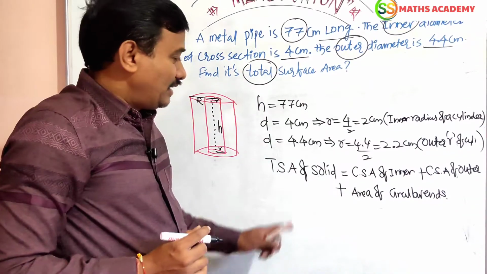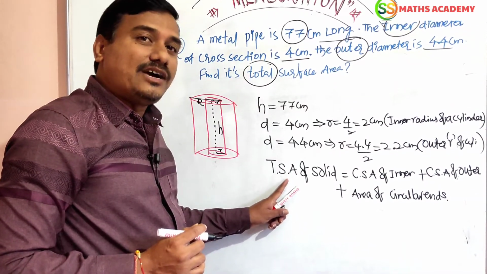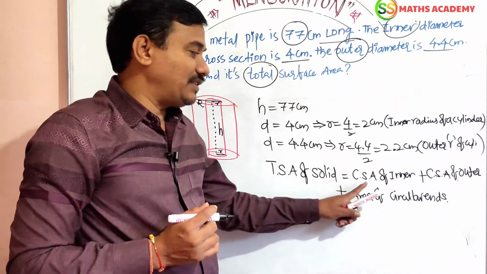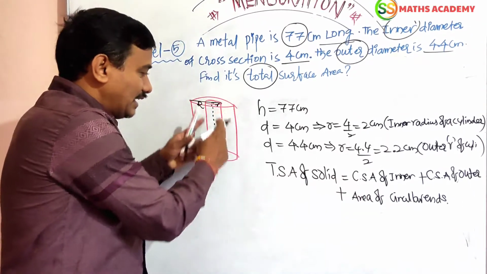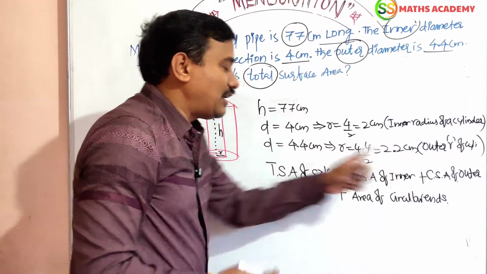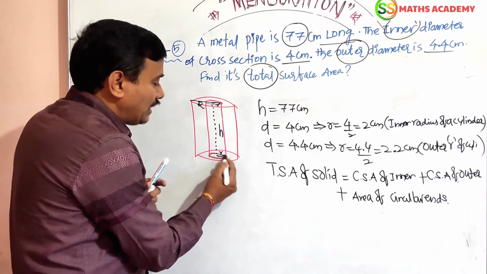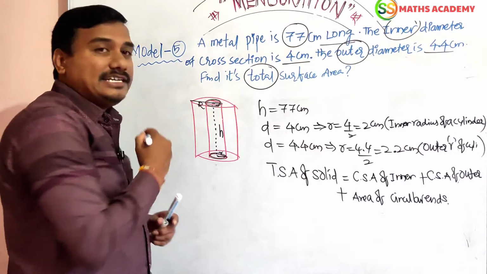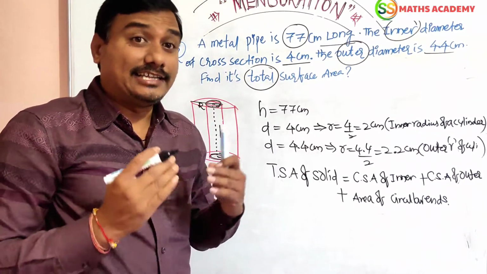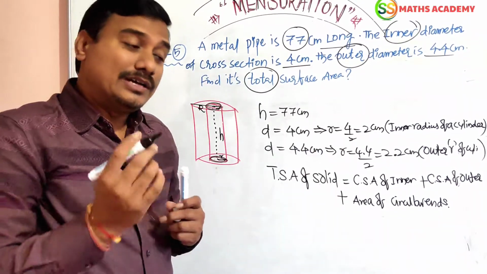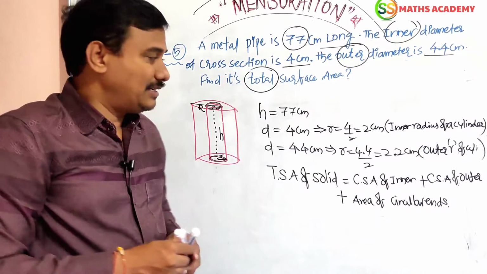If you want to find the total surface area of a solid, we first find the curved surface area of the inner cylinder plus the curved surface area of the outer cylinder plus the area of the two circular ends. It is nothing but a ring, with its formula also. Now let us see, I am going to do that.